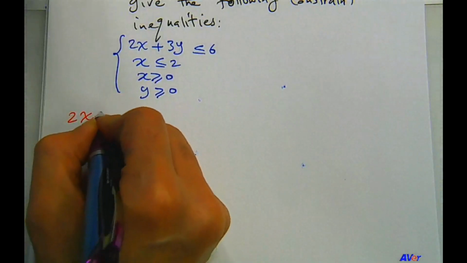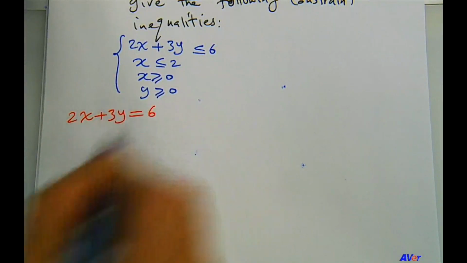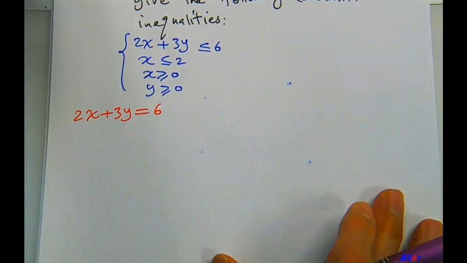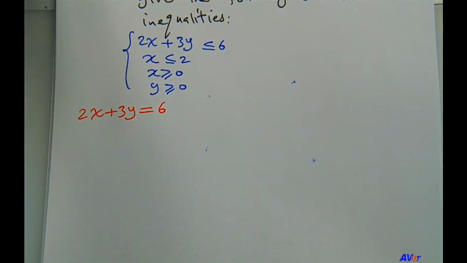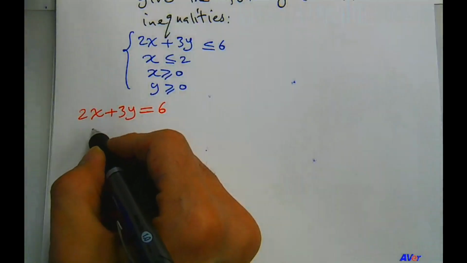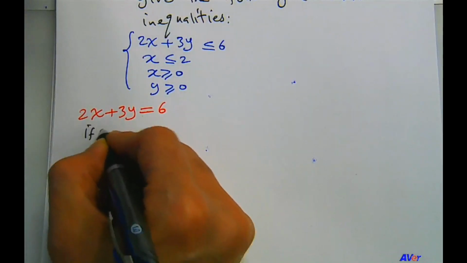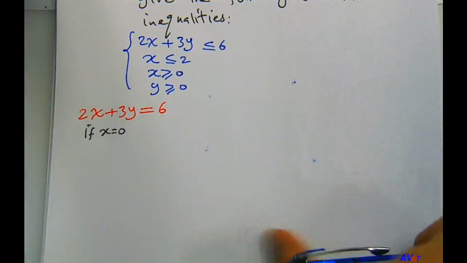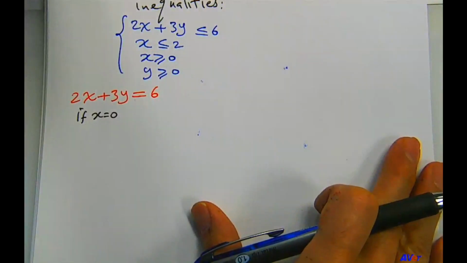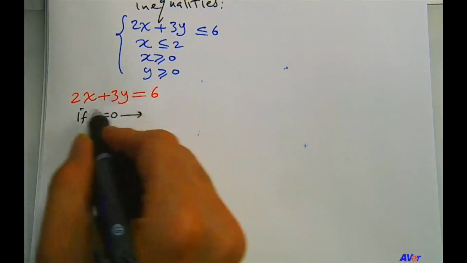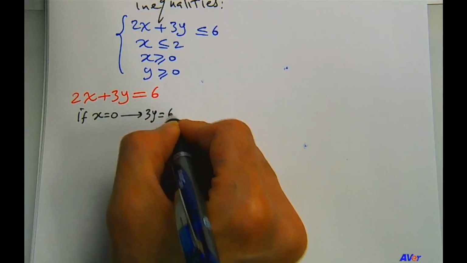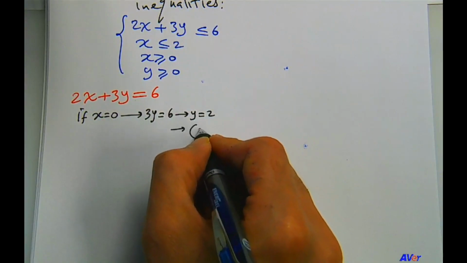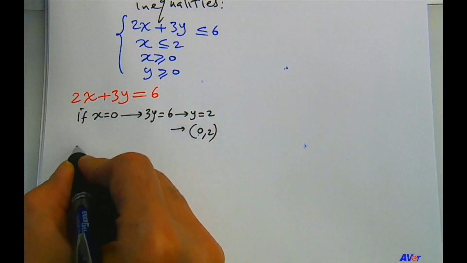Okay, so we want to find this boundary line, this one. So we switch from inequality to equality in order to find the boundary line. And I'm going to use the intercepts again, x and y intercepts, to find this boundary line. So if x equals 0, then 3y equals 6, then y equals 2, which means we have 0, 2 as the y-intercept.